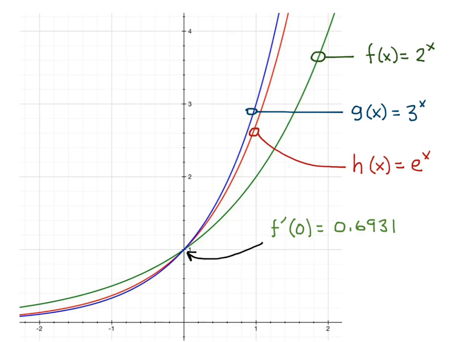We can calculate these numbers closer and closer to 0, and essentially what we're doing is making a linear approximation. And it turns out that the derivative at 0 is going to be 0.6931. And then if I do the same thing with g of x, the derivative at 0 is going to be 1.0986.